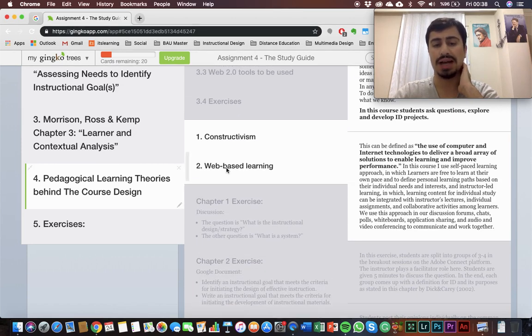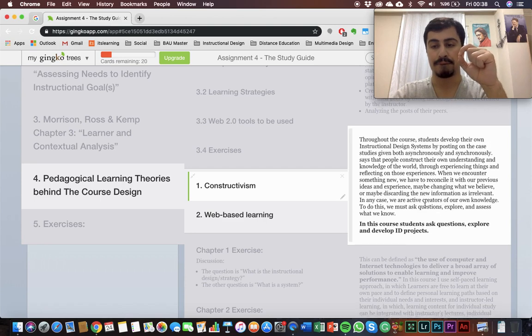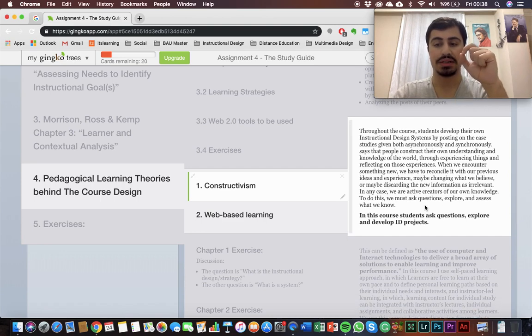So, in this chapter, the pedagogical learning theory behind the course design is constructivism first. Throughout the course, students develop their own instructional design systems by posting on the case studies given both asynchronously and synchronously. It says that people construct their own understanding and knowledge of the world through experiencing things and reflecting on those experiences.